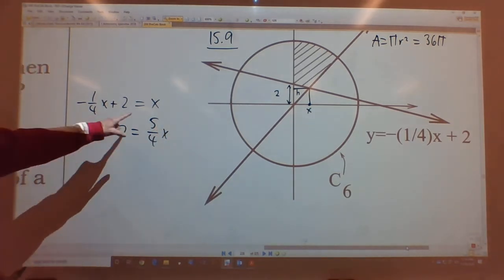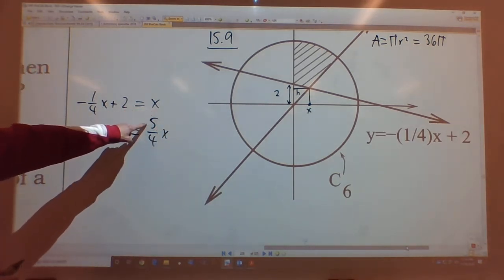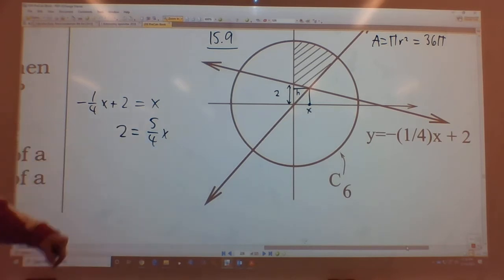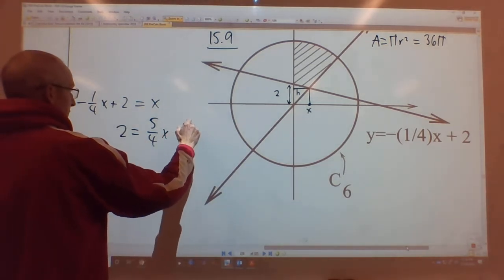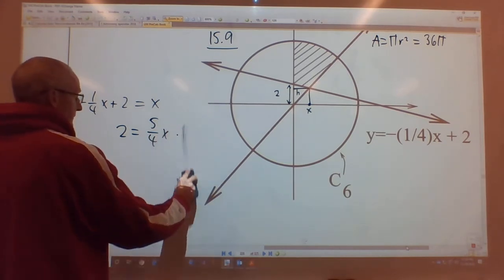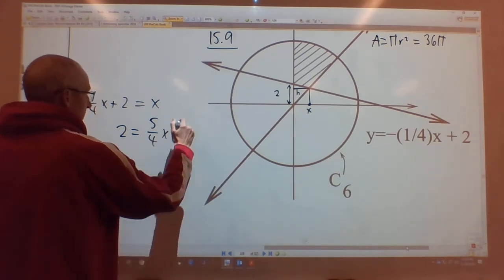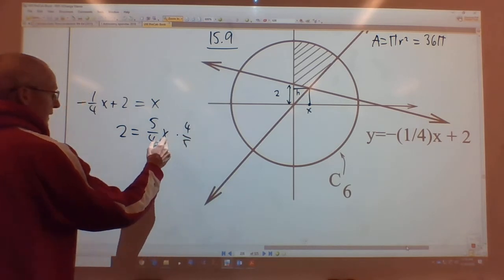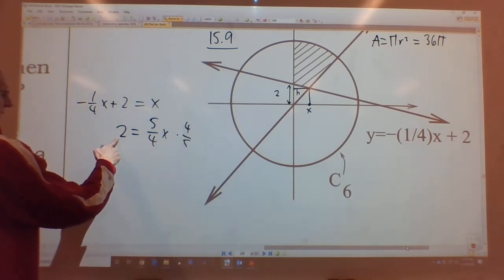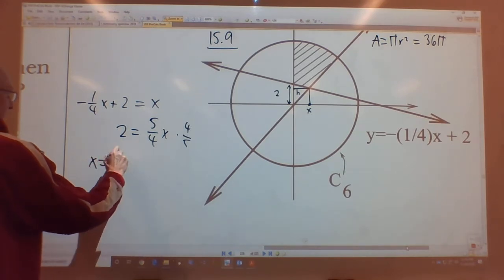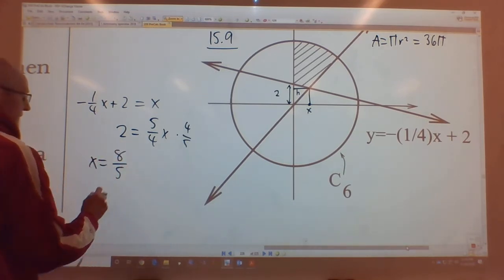I think, right? 1/4 plus a whole is 4/4 plus 1/4. Yeah, 5/4 x. Multiply both sides by 4/5. I think that's right. By 4/5. So that should be 8, then 8/5. So x would be 8/5.